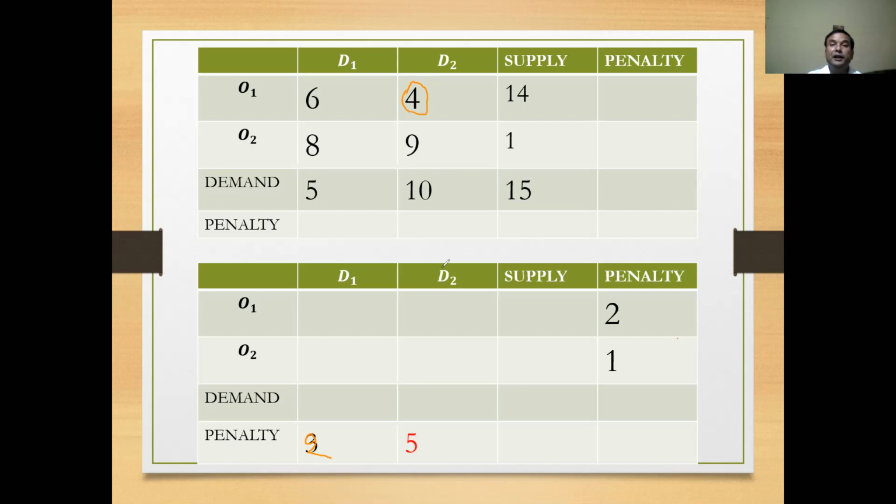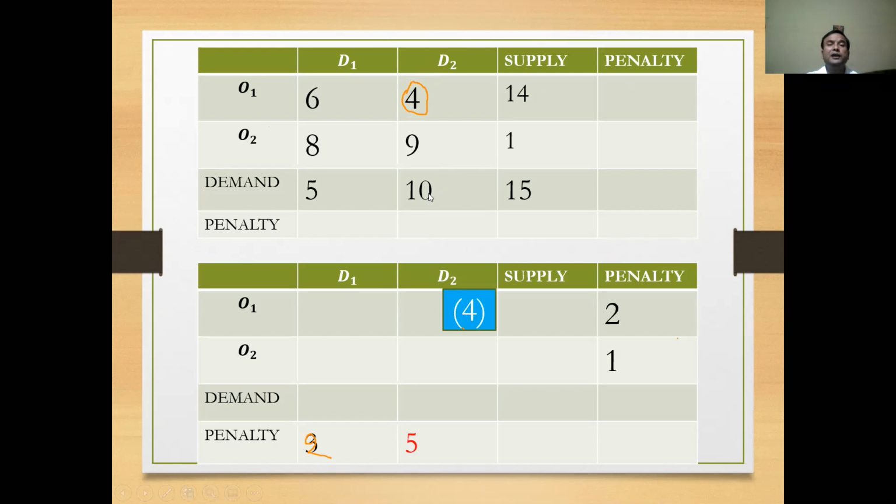And we allocate this 4 here, and after dropping this 4 in this cell, we think how many items can be provided to this cell. The number of items available to be supplied in origin 1 is 14, and in destination 2 the total requirement is 10.